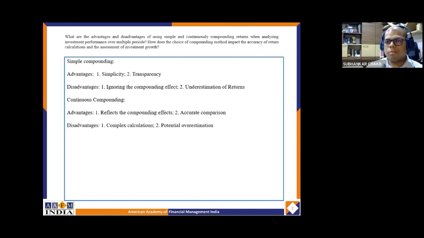Let's say you took one investment that compounds monthly, and another that compounds quarterly. If you want to compare these different frequencies, the best way to compare which one is a better investment proposal is to put it through continuous compounding. Then the actual comparison will come out. So that is the advantage of continuous compounding.